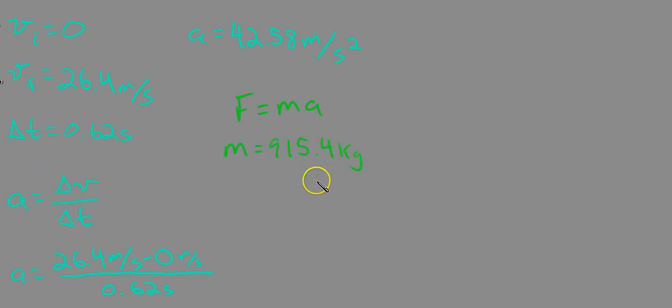Now whenever you're dealing with mass, you always want it to be in kilograms. So I know my mass, I know my acceleration. I can put these together here. 915.4 kilograms times my acceleration of 42.58 meters per second squared.